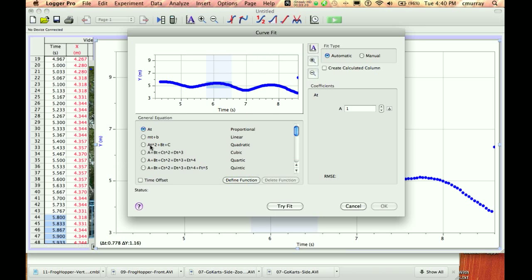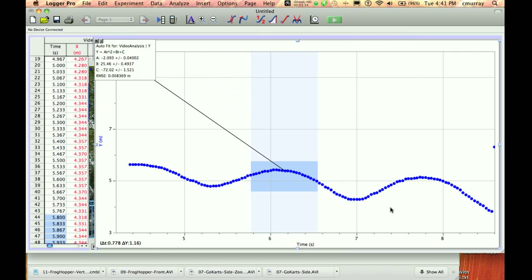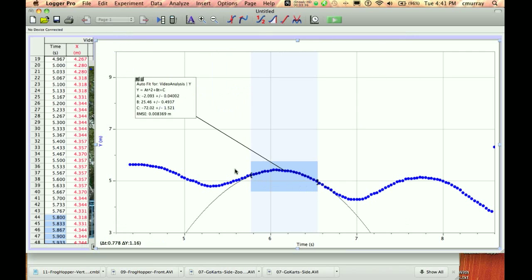This is the one you want, the 1/2 AT squared plus UT plus, or initial velocity, right? Let's try it. There we go. Ooh, that fits pretty good. Look at that. So there's a curve right there. If you recall, this is 1/2 times the acceleration. So the acceleration should be about, well, -4, twice that, right? So that's another way to do it.